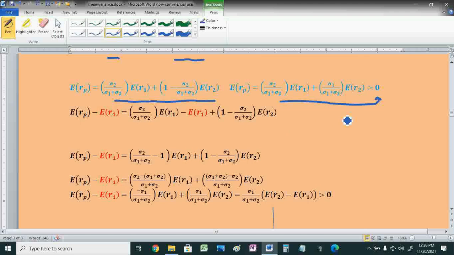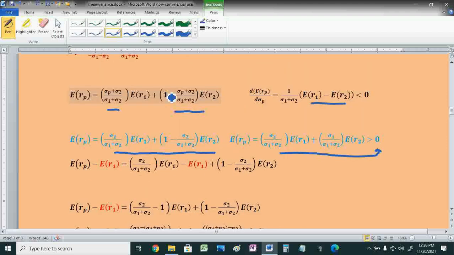And see that in this equation, if I put S1 equal to 1, then this will become equal to 0, and my expected return on portfolio will be equal to the expected return on security 1.